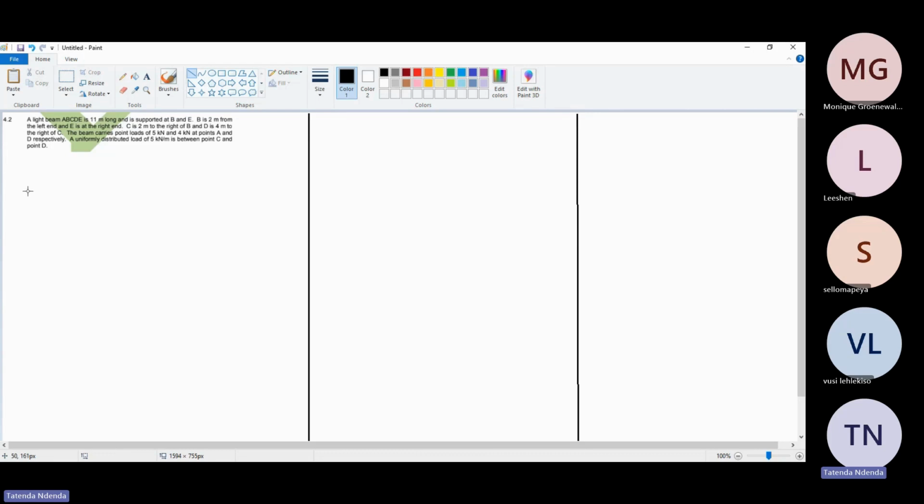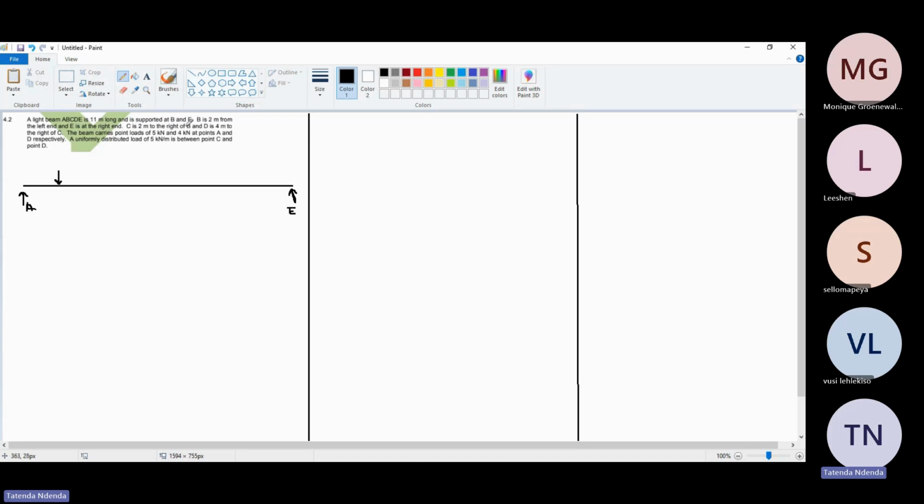Okay, so a light beam is 11 meters long and is being supported at B and E. So basically E is at the end here. This is going to be our E and this is going to be our A. B is 2 meters from the left end. So B is here. And E is at the right end.